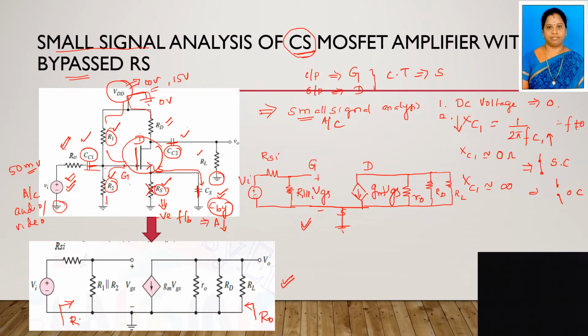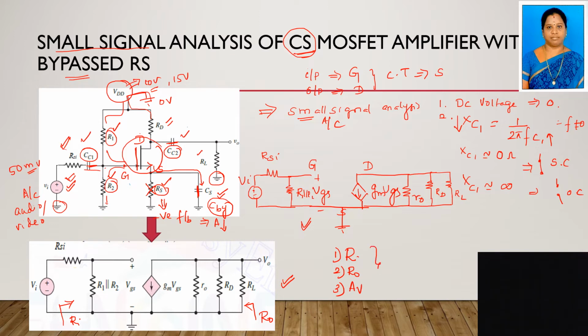So our aim is to calculate three parameters. We are going to analyze a common source MOSFET amplifier, and we analyze it by calculating three parameters. The first parameter is input resistance, the second one is output resistance, and the third one is voltage gain, right?